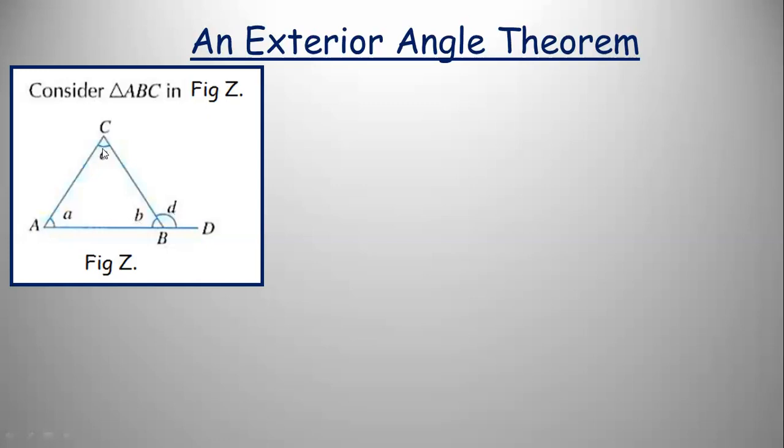Angles A and C are called interior opposite angles with reference to angle D. I hope you understood up to here. Let's move ahead.